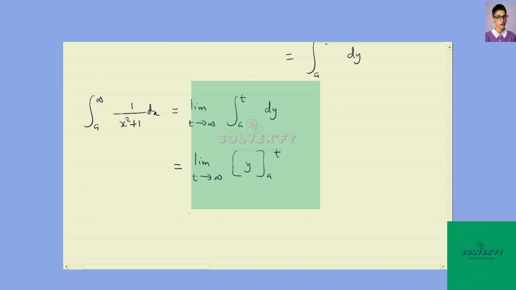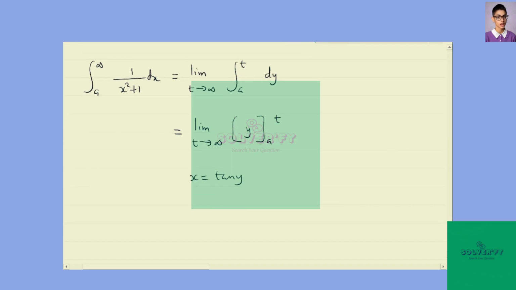Now we saw that x was equal to tan y. So we can replace back: y is equal to tan inverse, or the arctan, of x.